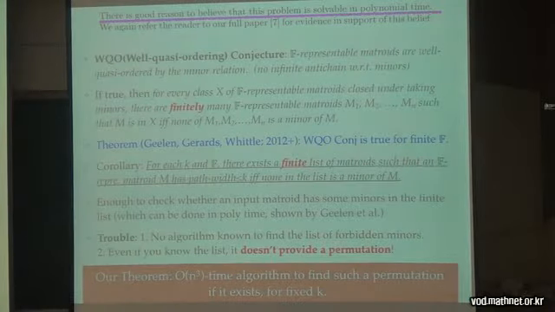Yeah, so the first major problem here is that we don't have any algorithm to generate the list. And the second problem is that even if you know the algorithm, even if you know the complete list of obstructions, you still don't have the permutation.